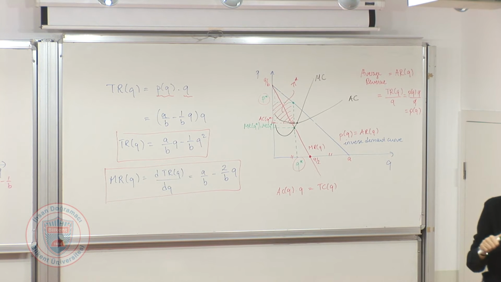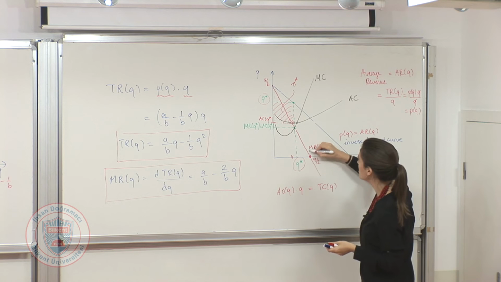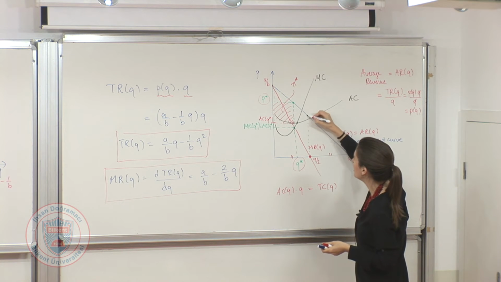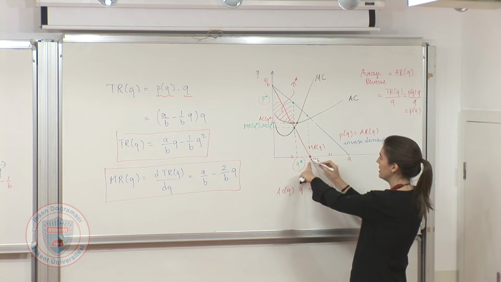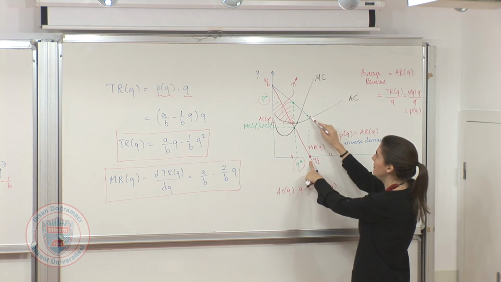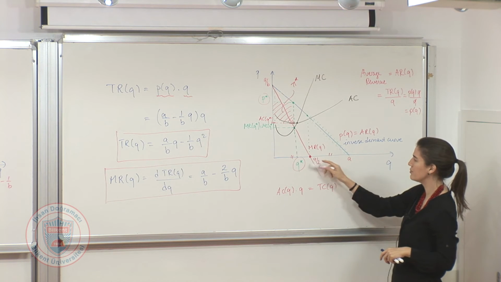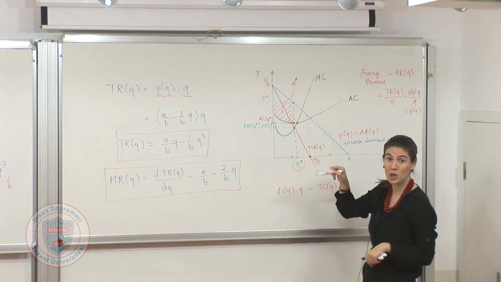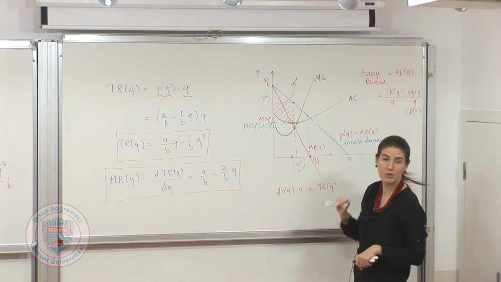Less than zero, right? So the inelastic portion is going to be somewhere here. In this portion, for these quantities, marginal revenue is negative. So you can be sure that a monopolist would never operate in this region, okay? So a monopolist's optimal quantity would always be in this region, okay?